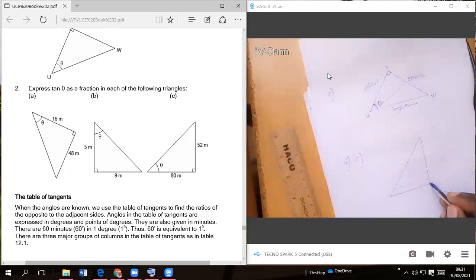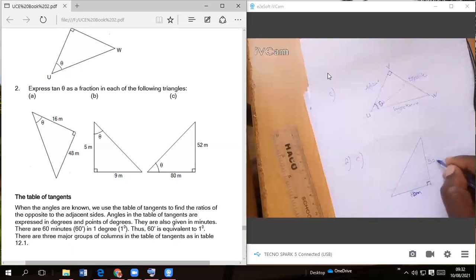A right angled triangle will always be labeled by that mark. If it's not there, then it's not a right angled triangle. So this has to be there, and then you understand that you are dealing with a right angled triangle. So part C, this is 80 meters. This is 52 meters. Very easy.